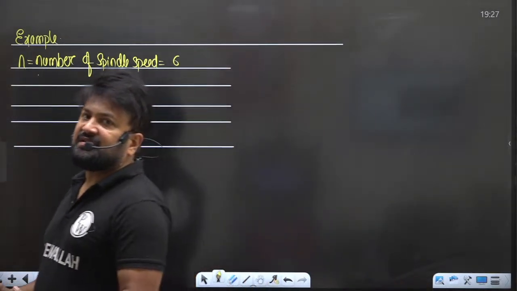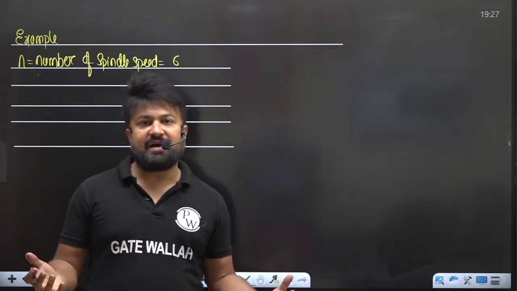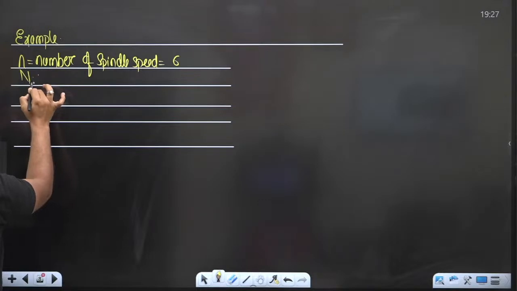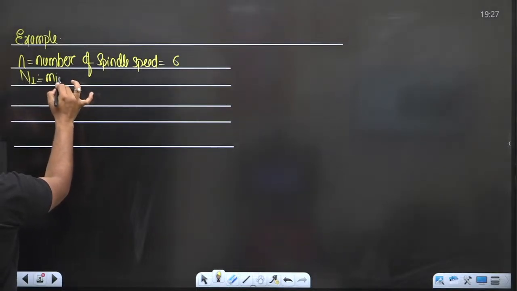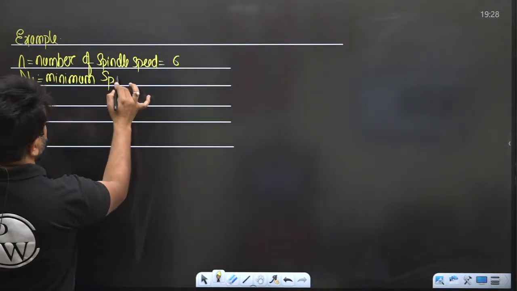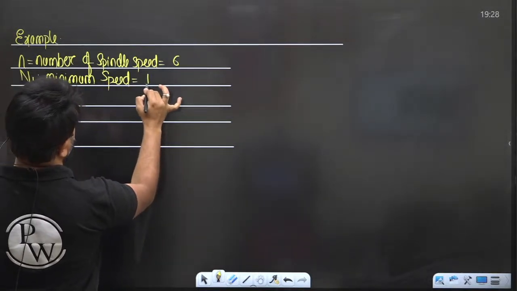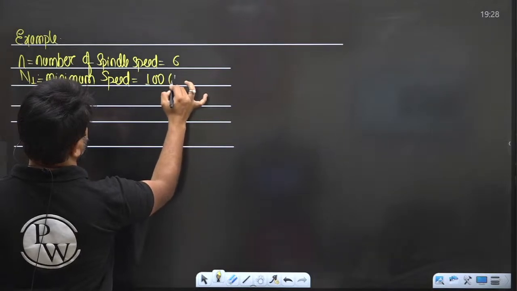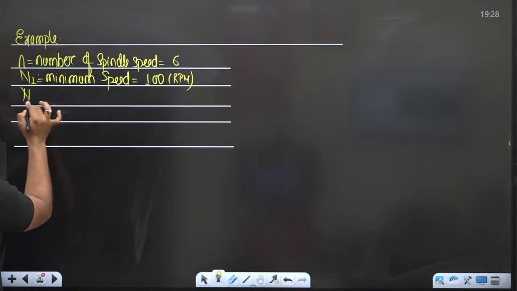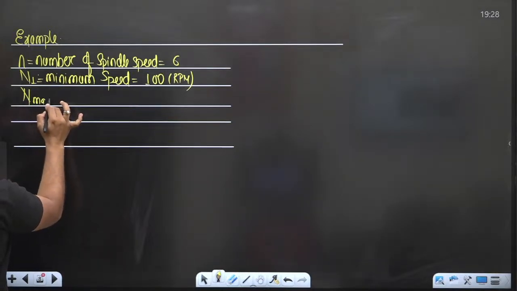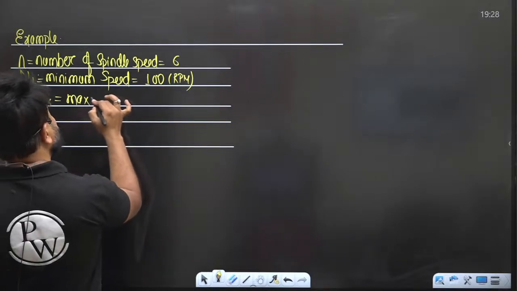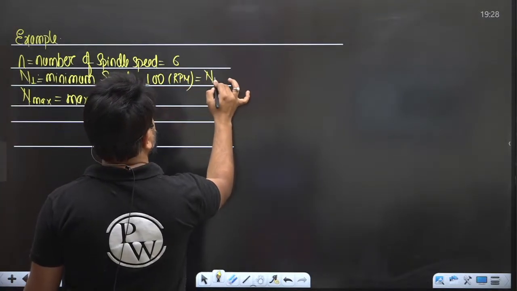You have noticed that in the last gear the speed of your car is maximum. Let's say N min, the minimum speed, is 100 revolutions per minute.